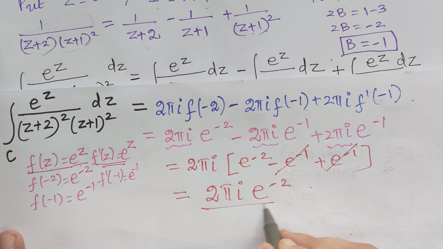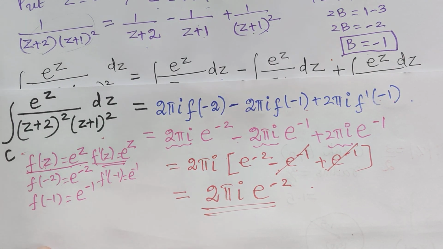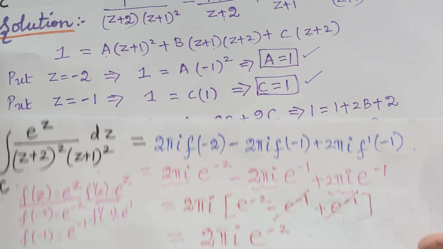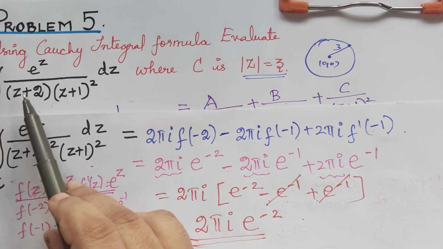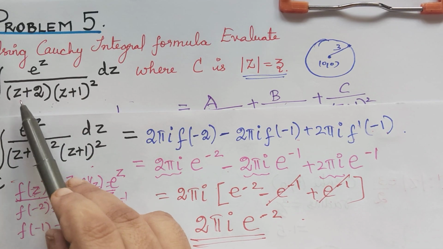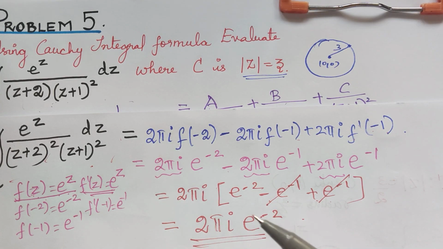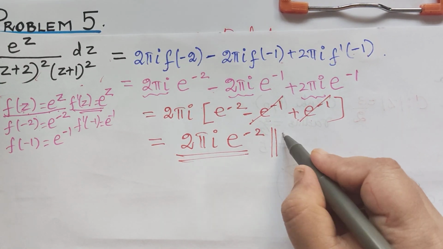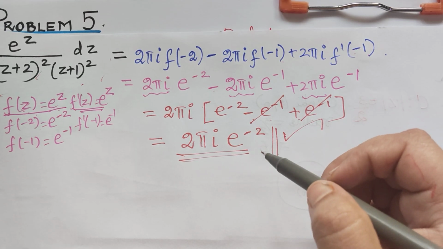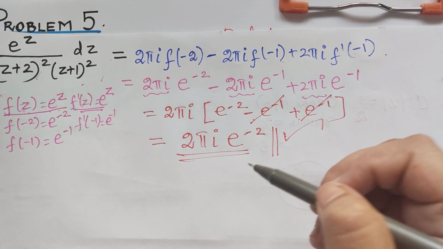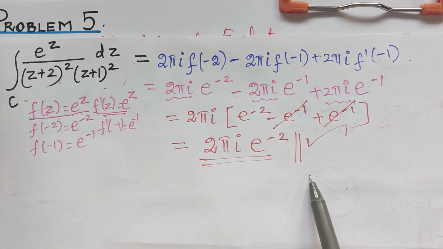This is the value of the required integral. That is, we have evaluated the integral over C of e power z by (z plus 2)(z plus 1) whole squared dz to be equal to 2 pi i e power minus 2. This is how we use the higher derivative Cauchy integral formula to evaluate integrals of this type. I hope you have understood this problem.